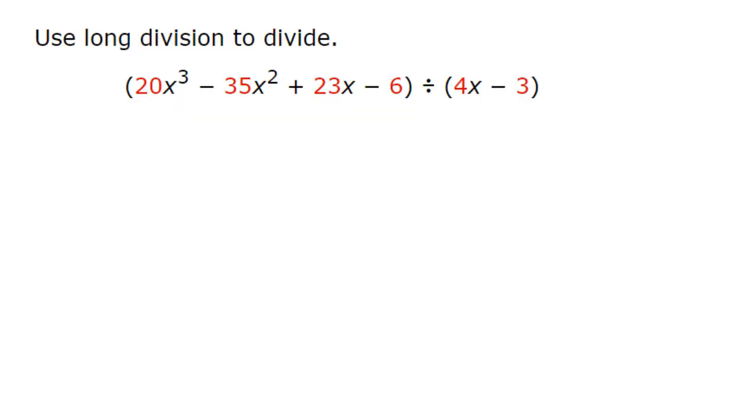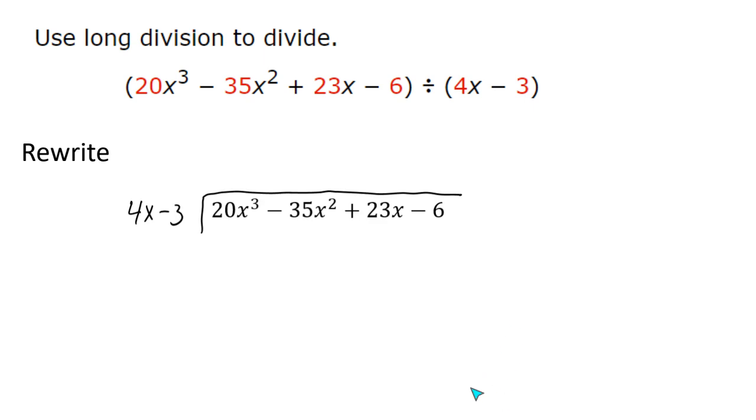So here we have this polynomial, and we want to divide by 4x minus 3. The first thing we want to do is rewrite it to look more familiar to division. Here we have our polynomial, and we're dividing by 4x minus 3.